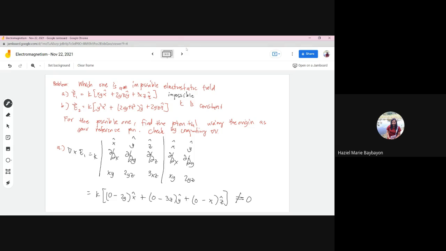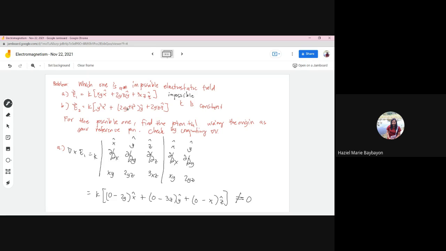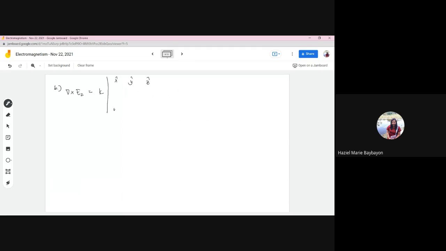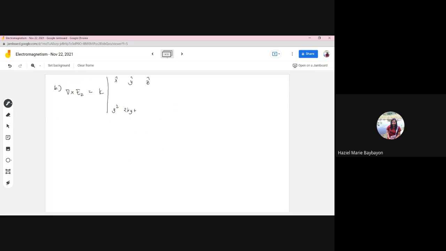Now, how about the second electric field? We have y squared x hat. Again, we just use the determinant method to find the curl of E. So this is equal to the determinant with x hat, y hat, z hat, y squared, 2xy plus z squared, and 2yz.